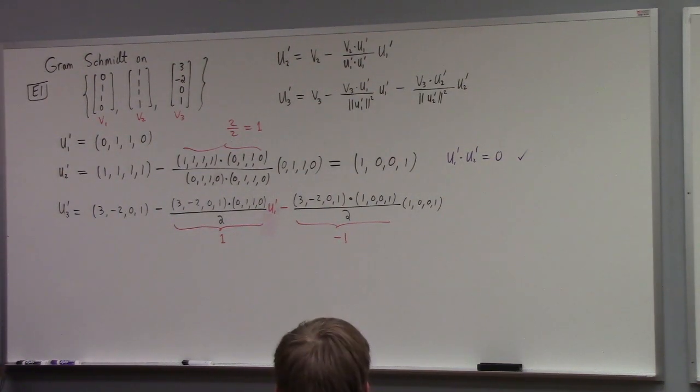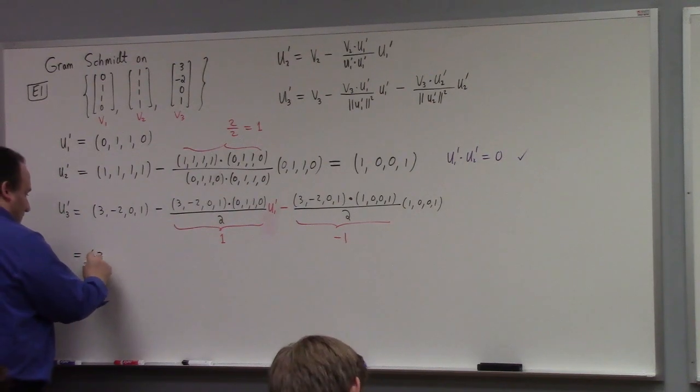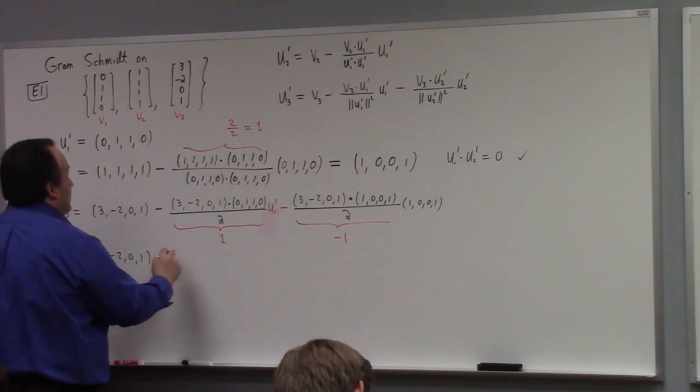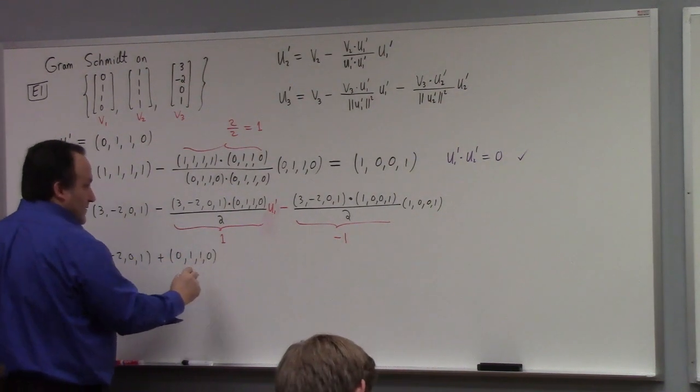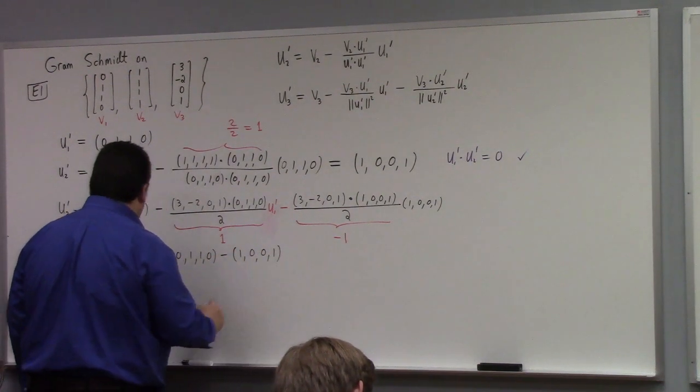All right, so if I haven't done something stupid, let me just write it down here. So I've got 3, -2, 0, 1, plus U1 prime, which was 0, 1, 1, 0, and then minus 1, 0, 0, 1.